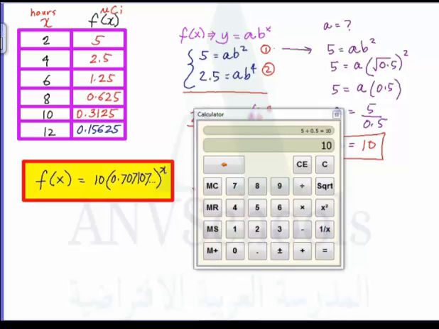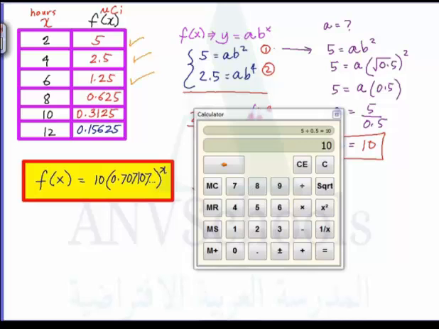So this is confirmed. Okay, what if x is equal to 4? Let us just edit our x, and our x is equal to 4. Now we will have 2.5. So this is confirmed. If our x is equal to 6, we just edit our x, make it x is equal to 6, and then we will have 1.25.